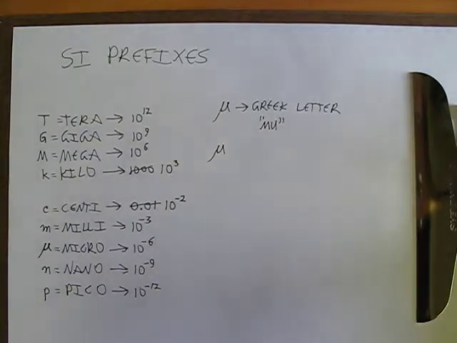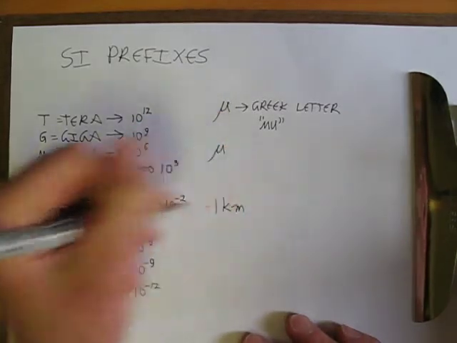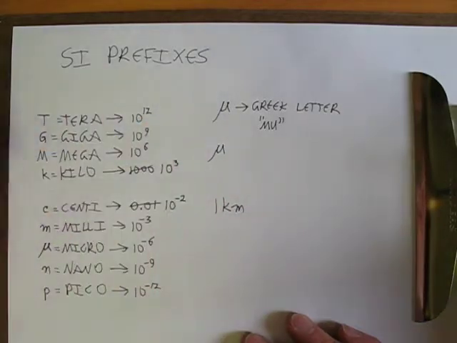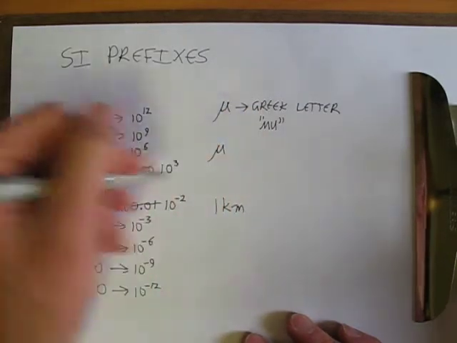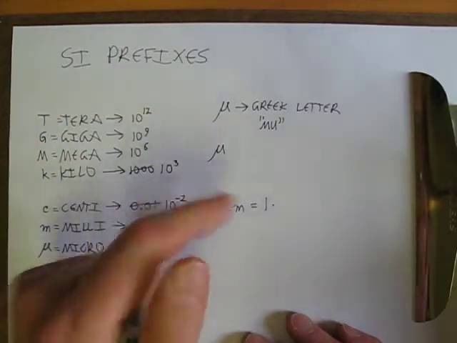Okay, so the last thing I want to do in the minute that remains in this video: how many meters is 1 kilometer? Well, 1 kilometer, the K means 10 to the third.